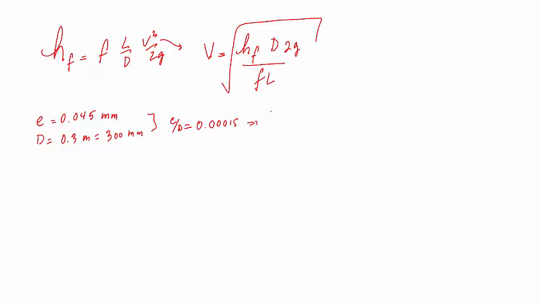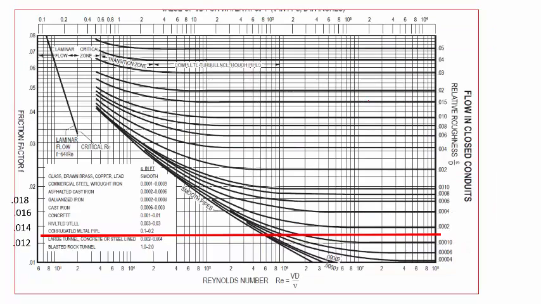If I assume turbulent, the friction factor, and we need to look at your Darcy diagram, should be 0.0125. I have it here. So this is my epsilon over D, and if you assume turbulent, then you can go straight to this point.